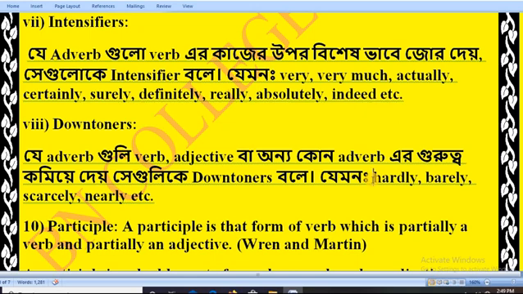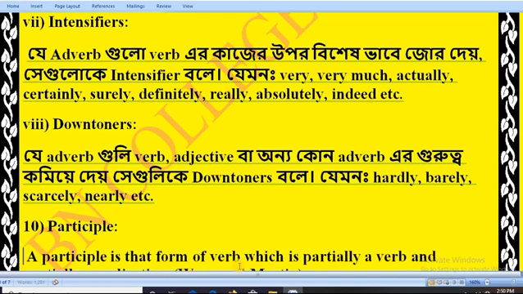Hardly, barely, scarcely, nearly. These words are called downtoners. এই শব্দগুলো যখন বাক্যে ব্যবহার হয় তখন বাক্যকে অনেকটা নেগেটিভ ভাবে নিয়ে যায়। Suppose he hardly comes here. সে এখানে কদাচিৎ আসে। সে এখানে আসে না বললেই চলে। Let's see the participle.